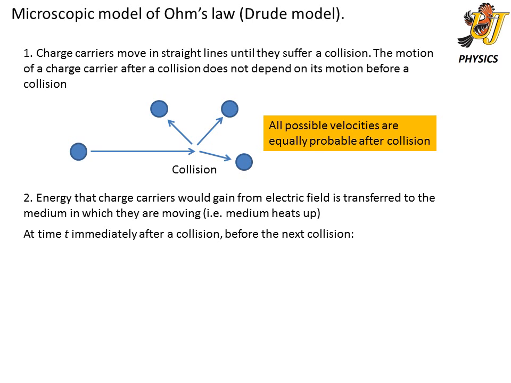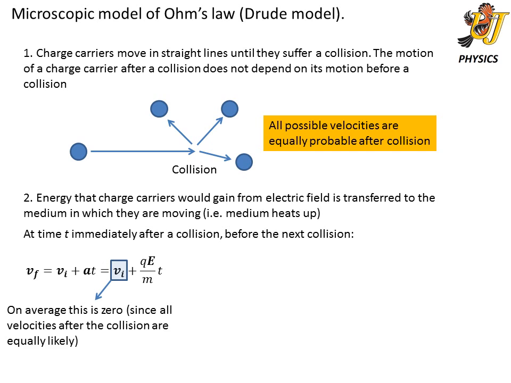We can model this by using our equations of motion derived for the case of constant acceleration. If v final is the velocity of a charge carrier after a collision, it obeys the equation of motion shown on the screen, where the acceleration is now produced due to the electric field inside the conductor. However, because after a collision all velocities are equally probable, the average velocity for any charge carrier after a collision is 0.